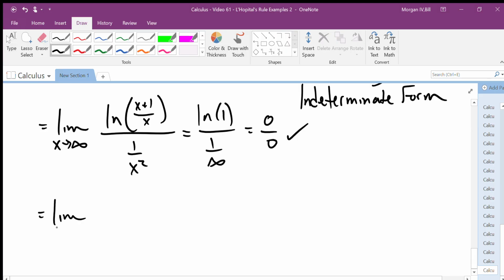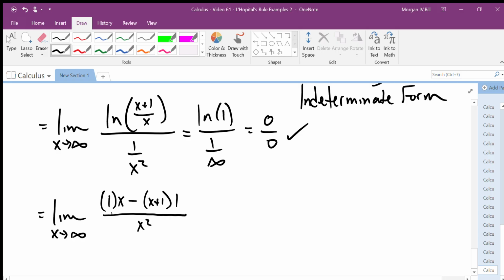That is the limit as x goes to infinity. The derivative of the natural log is u prime over u. And let's see, u prime, sorry. The derivative of x plus 1 over x would be 1 times the denominator x minus the x plus 1 times the derivative of x, which is 1, over x squared.